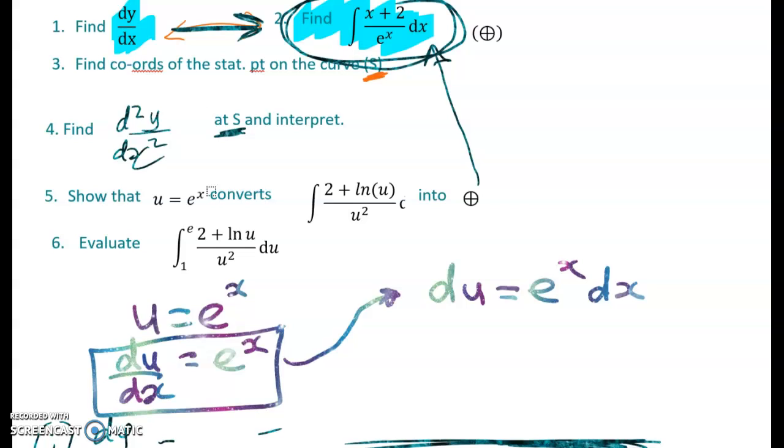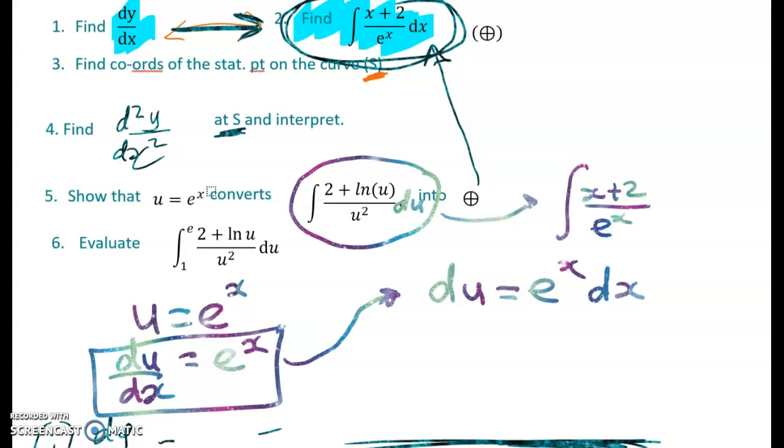And we're asked to convert from a u integral into this x integral. So if you think about what I've got to do, I've got to go through this integral here and change everything over from being something with u to something with x.